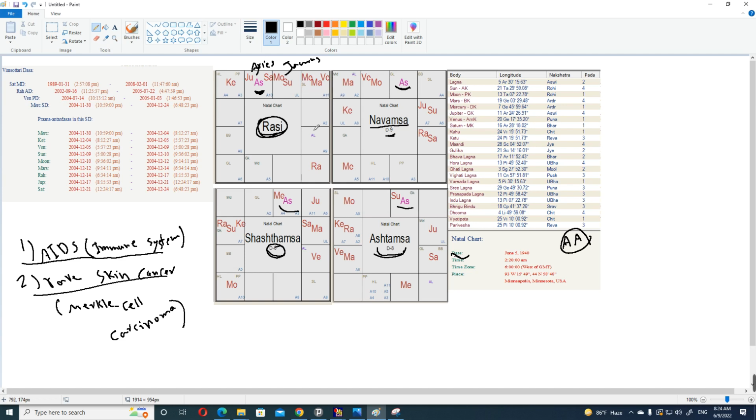Fourth house is Cancer, fifth Leo, sixth house is Virgo, and Rahu is placed there. This is Libra, Scorpio, Sagittarius, Capricorn, Aquarius, and Pisces, and Ketu is posited there. Then you can see the node axis is on the 6-12 axis, the 6th house and 12th house, that is the signs of Virgo and Pisces.